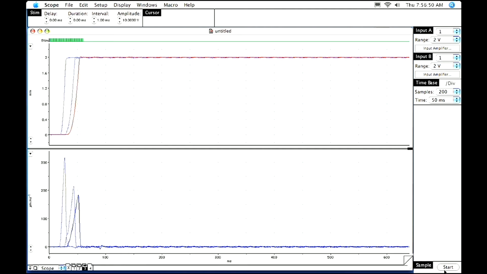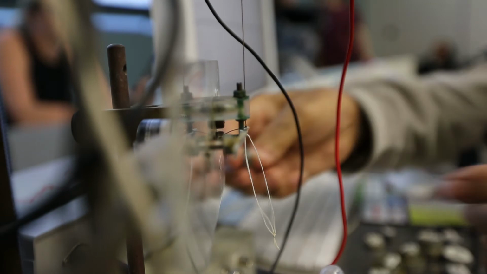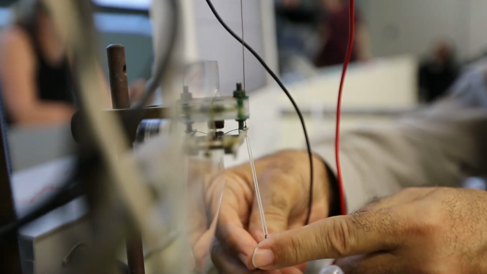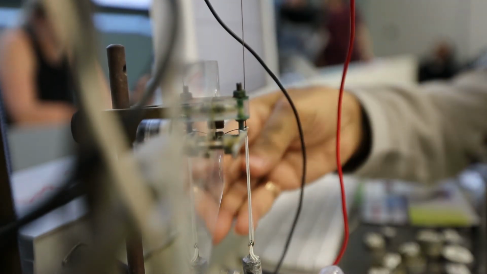15. 163. So you can even see the muscle, for those of you that can see it, is not shortening as much.